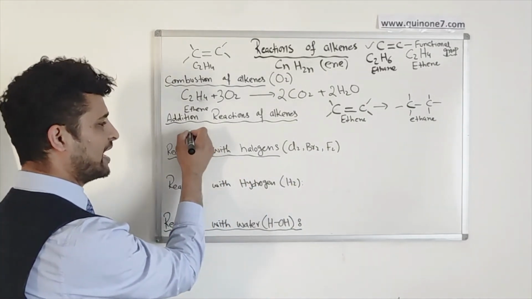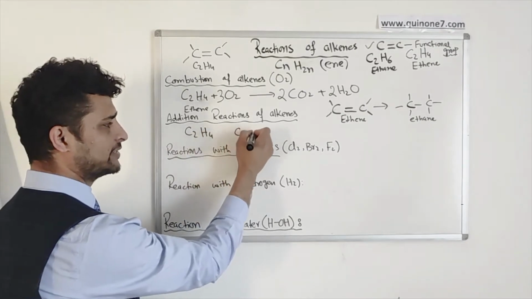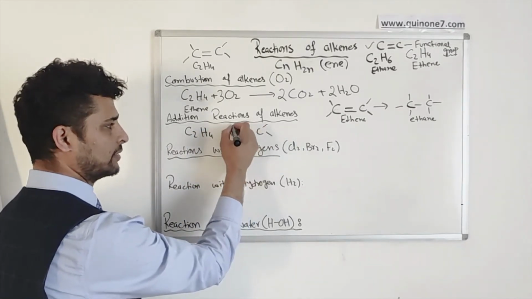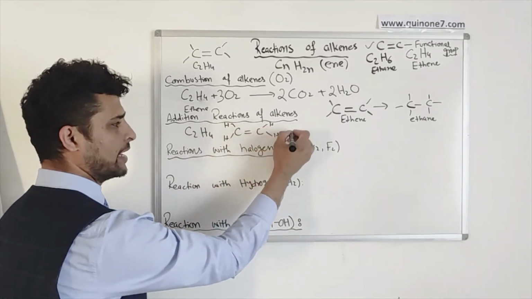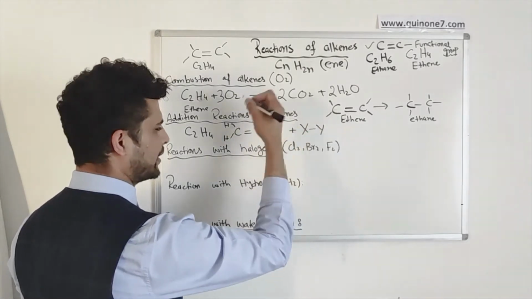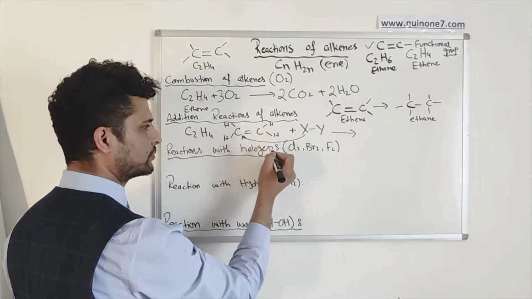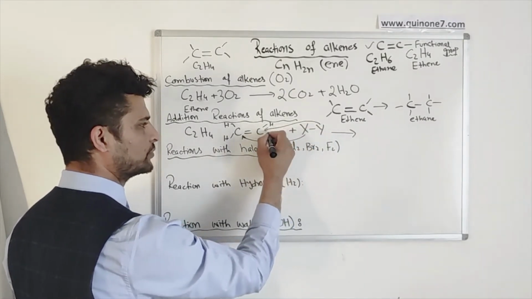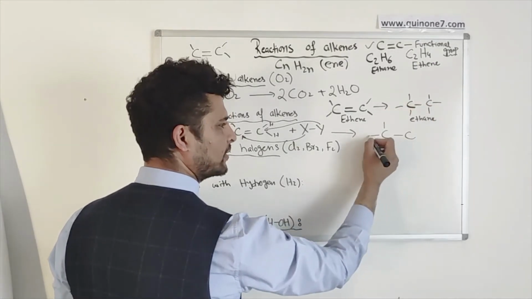So for example, if I have C2H4 and I write it like this, hydrogen, hydrogen, hydrogen, hydrogen, and I react it with a molecule called XY, the X will go onto this carbon and Y will go onto this carbon atom, and the double bond will open just like that.